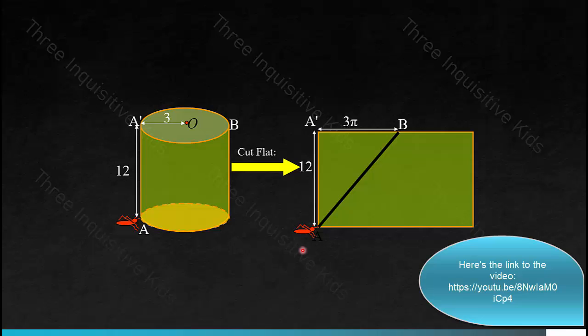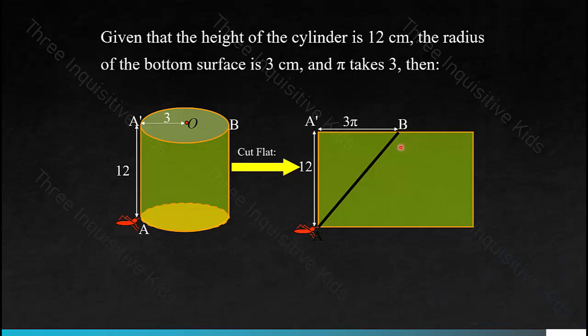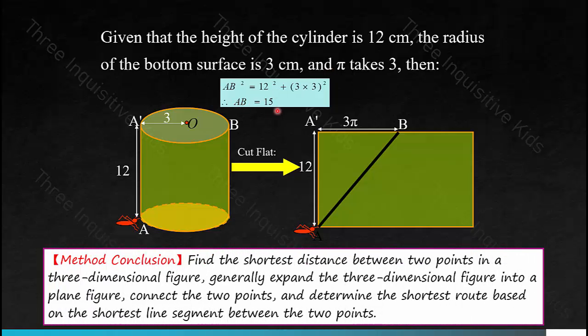So if you go like this, without the bases, you'll see that it's just a rectangle. And A to B is just like that. Given that the height of the cylinder is 12 centimeters, the radius of the bottom surface is 3 centimeters, and if we take pi as 3, then AB squared is equal to 12 squared plus 3 times 3 squared. So AB is equal to 15.